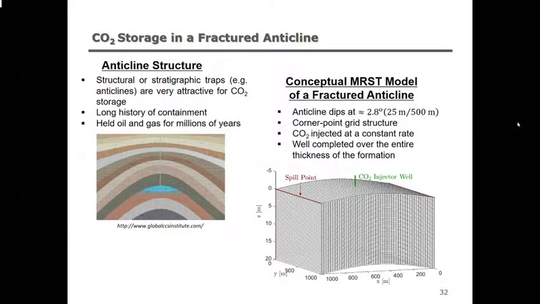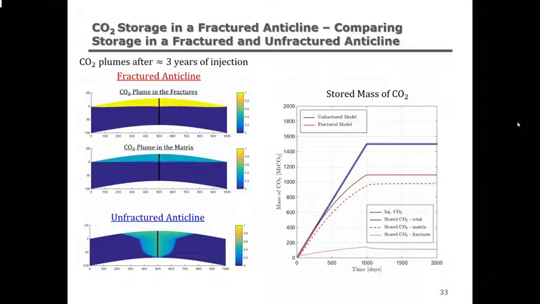And we can then start injecting CO2 in the center of our anticline and see what happens if we suddenly observe that even though we thought the reservoir is not fractured, there might be fractures present, and whether that is detrimental for our CO2 storage project.